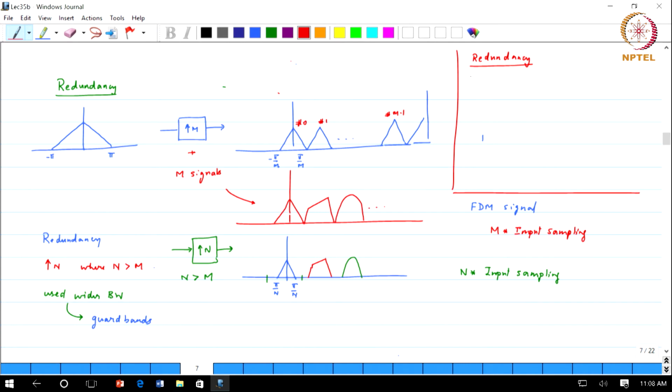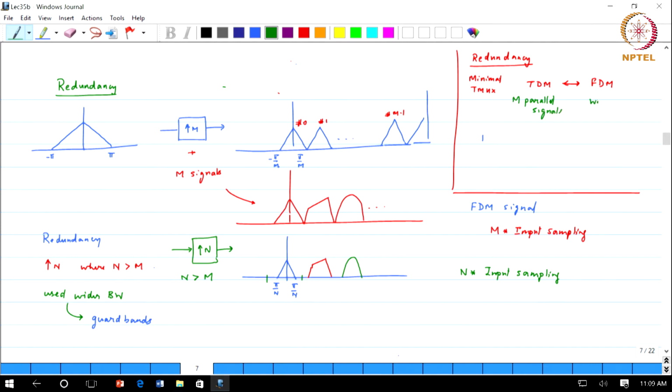So, if I have a minimal transmultiplexer, which means that I will go from a TDM system to an FDM system. FDM is the wideband system. So, this is m parallel signals and this is a wideband signal.